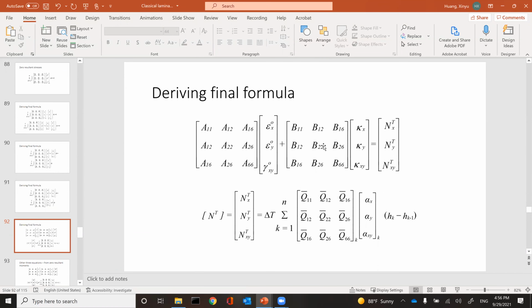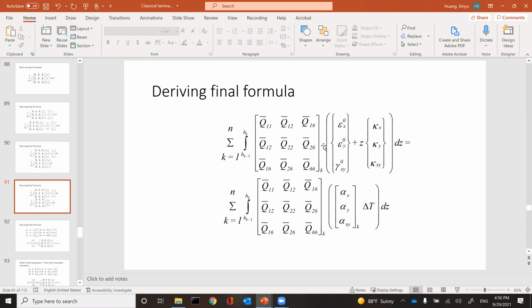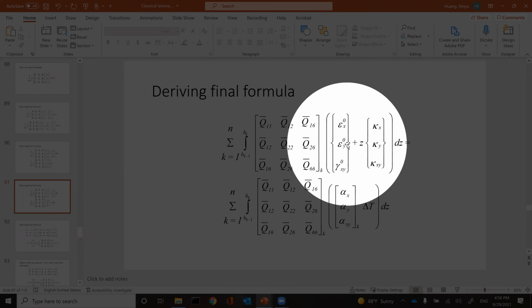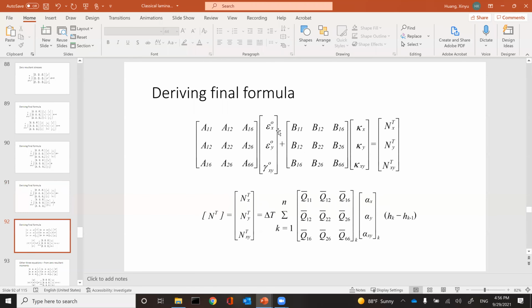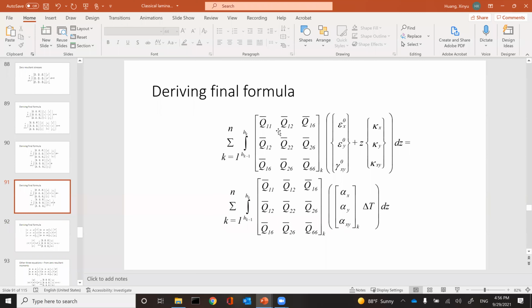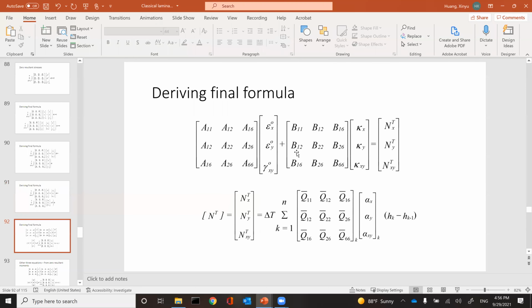All right. You basically multiply Q into them and take the epsilon 0 and kappa out. Okay. All right. And the A and B matrices are similar to the A and B matrices we got before. It's basically the same mathematical form.